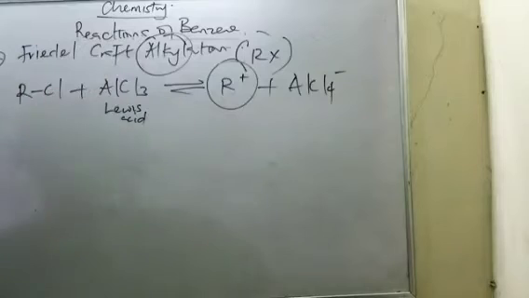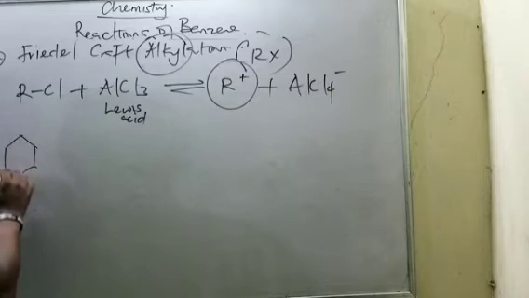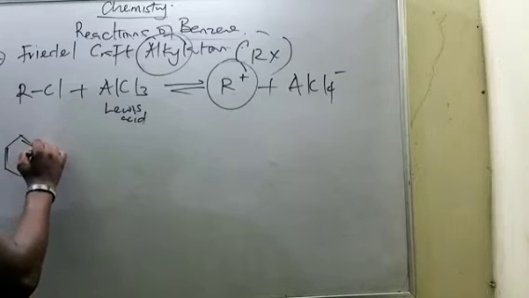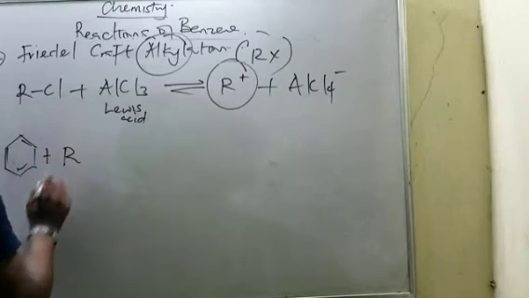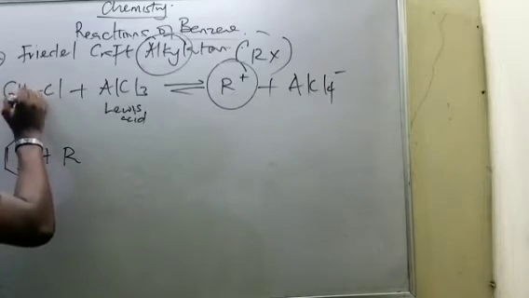Attaching this to the benzene ring still follows the same process. We have our benzene ring plus our R. Now, for proper understanding, let's say I am changing this R to be C2H5.